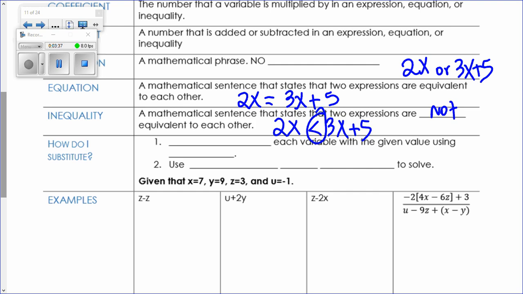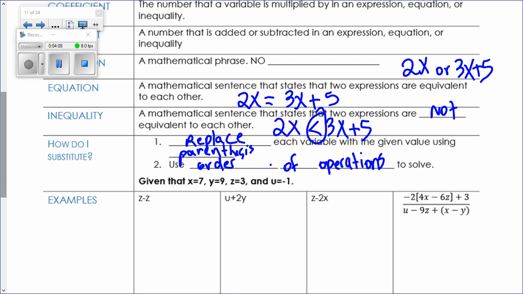Well, first, replace each variable with the given value using parentheses. Then use the order of operations to solve the expression that you're left with.